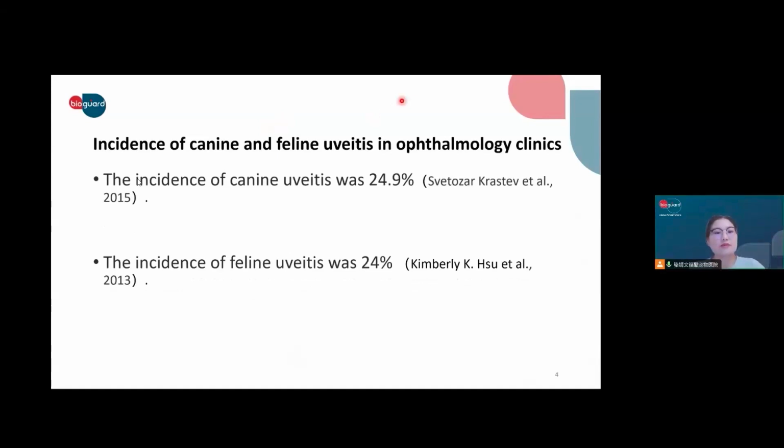This means that uveitis is a common eye disease in both dogs and cats. So it's very important and necessary for us to learn how to diagnose and treat uveitis.